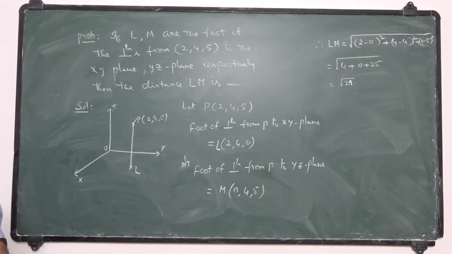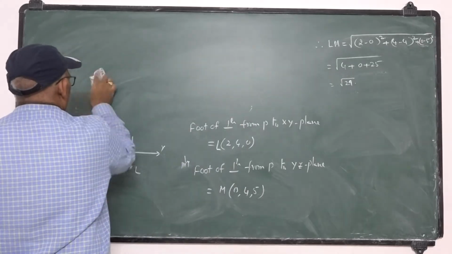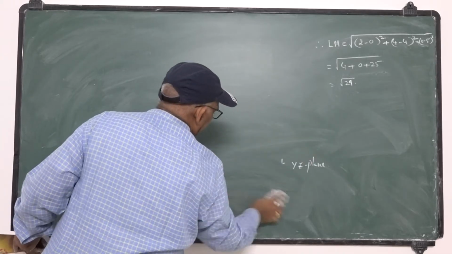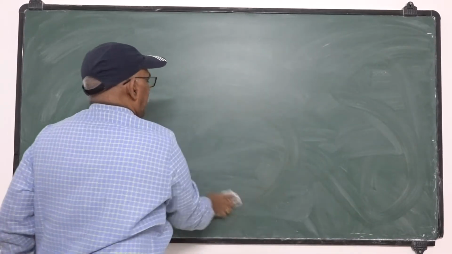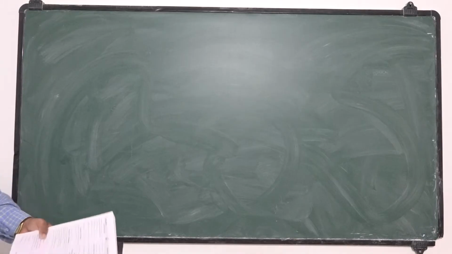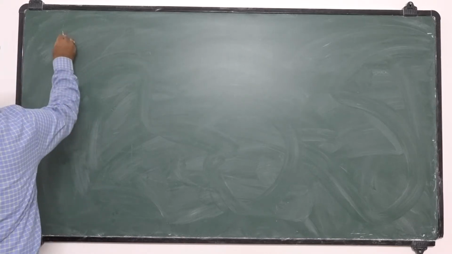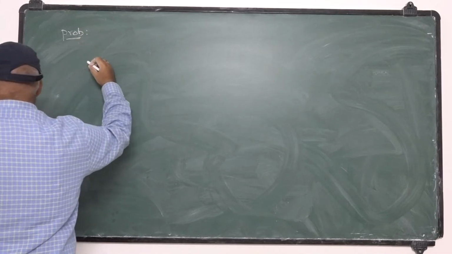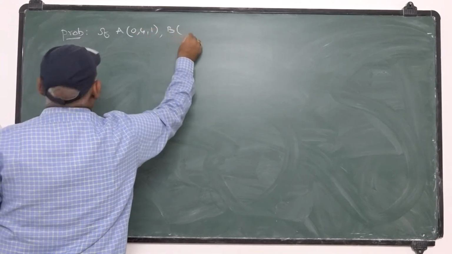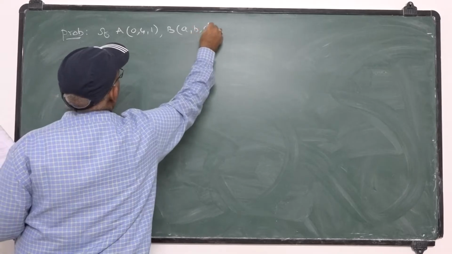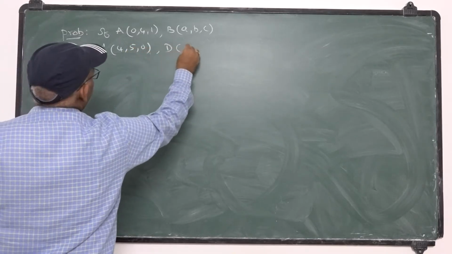Next one. A is (0, 4, 1), B is (1, 5, 0)... C is (4, 5, 0), D is (2, 6, 2).